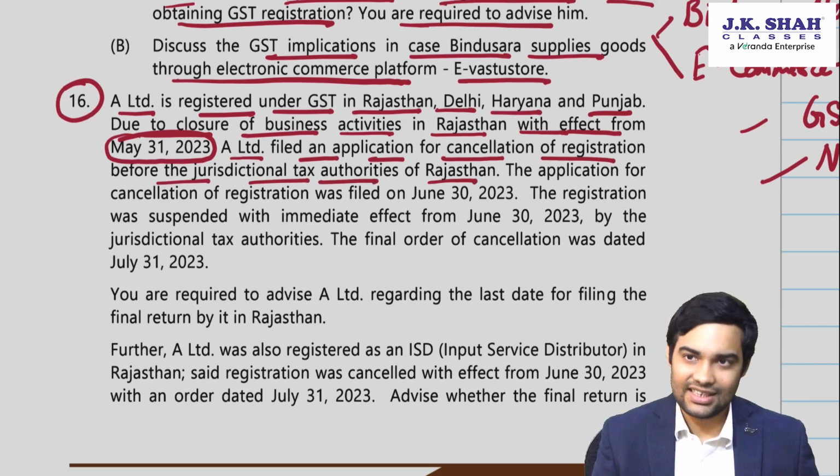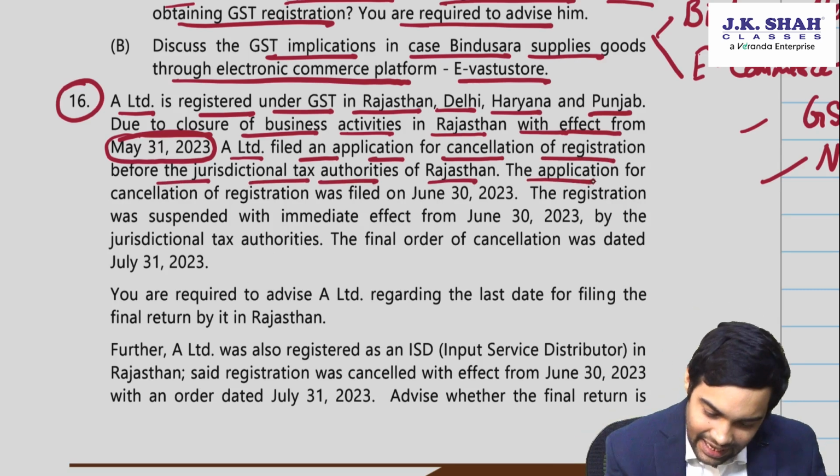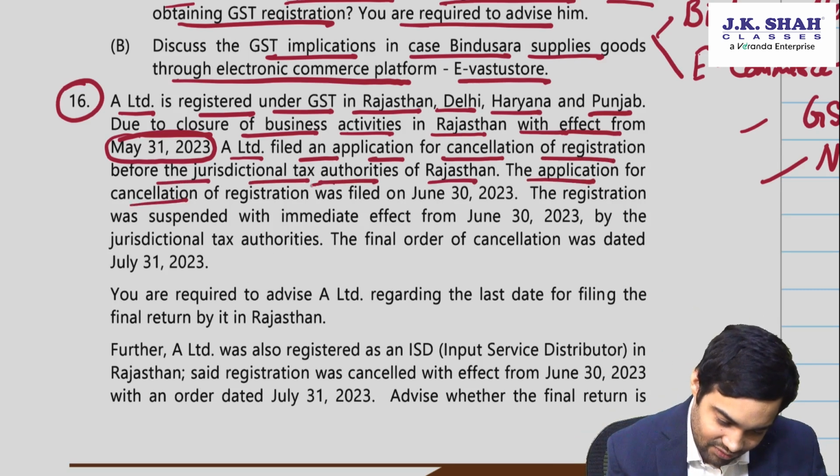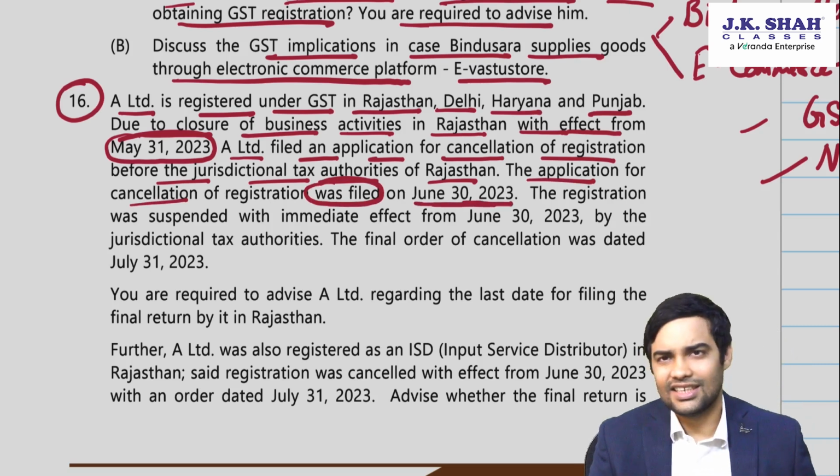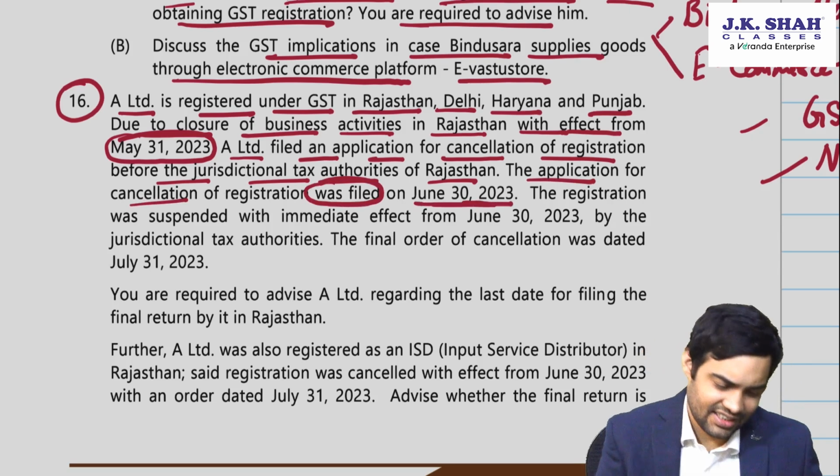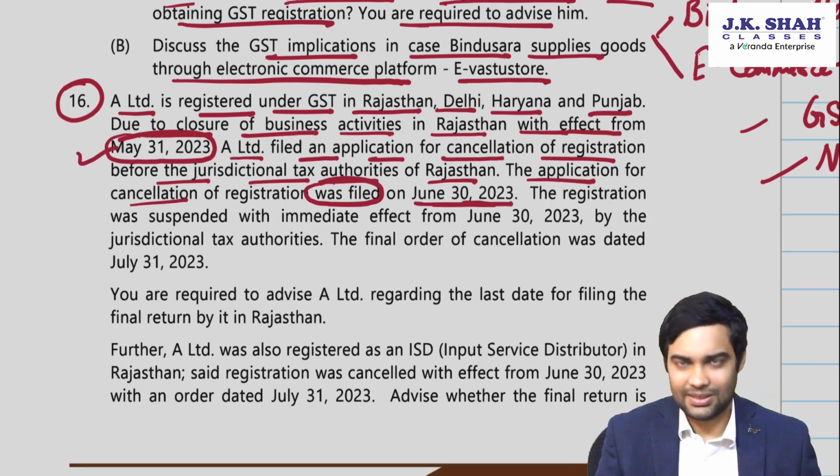So applied for cancellation. The application for cancellation was filed on 30th June. So within 30 days you have to file it. They filed it within 30 days. You closed it on 31st May.